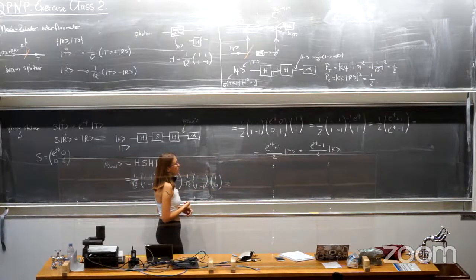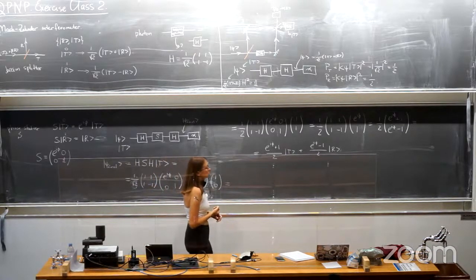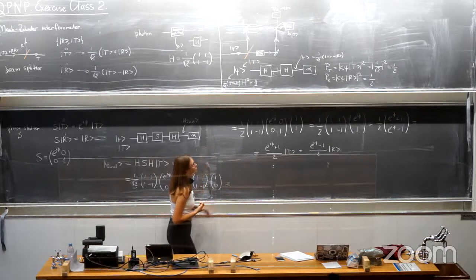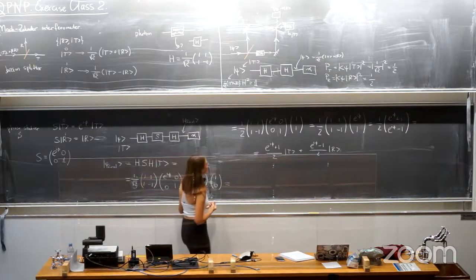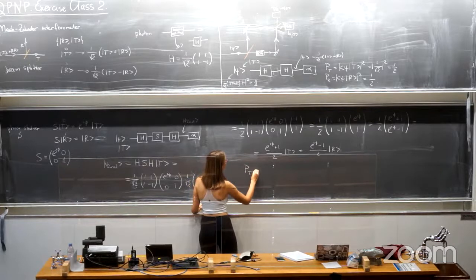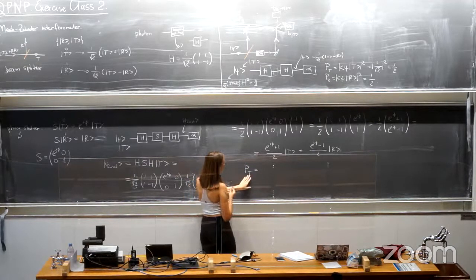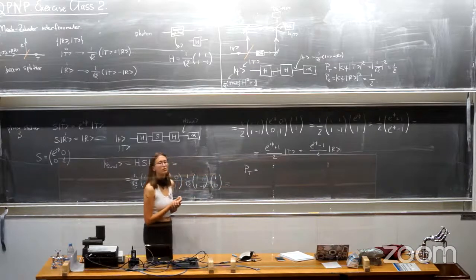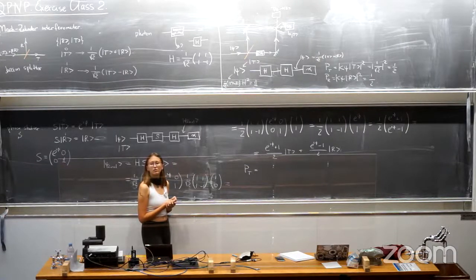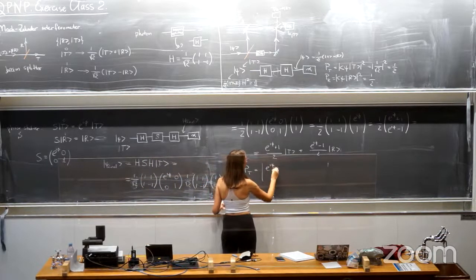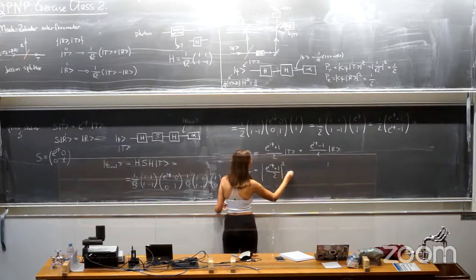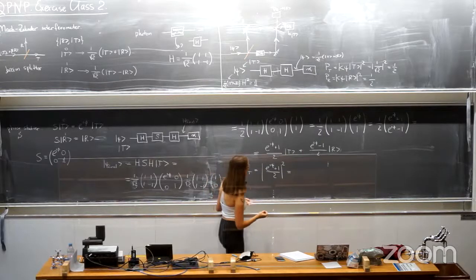And you see here that now the phase shift makes a difference for the statistics of the measurement that we conduct. Why? Because, what is the probability of measuring T? It's the modulus squared.